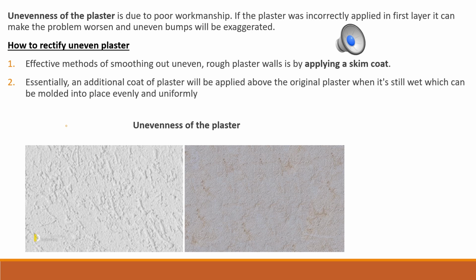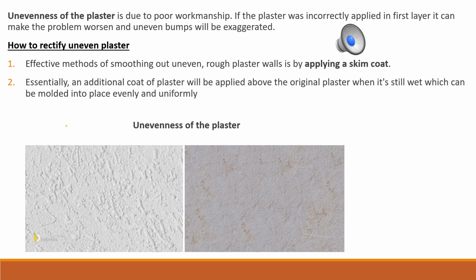For good engineers and good masons, we have to see that the plaster gives an even finished coat, so that if painting is done on it, it should not look odd.